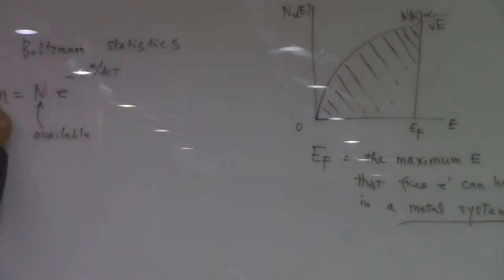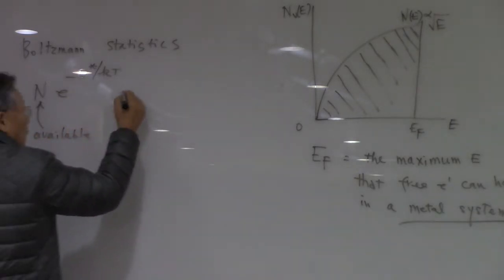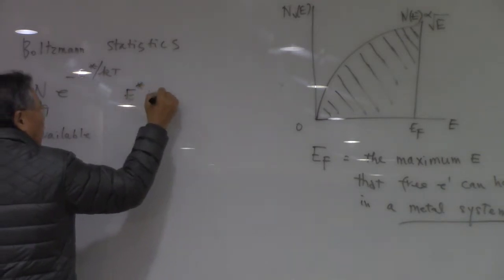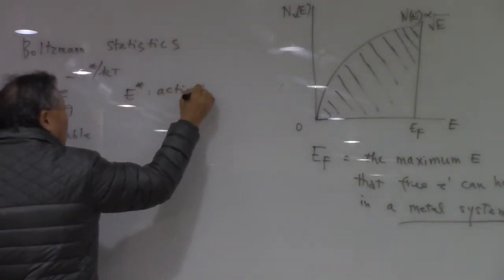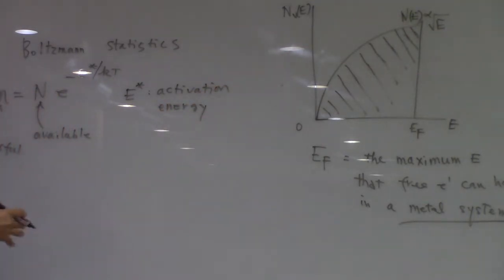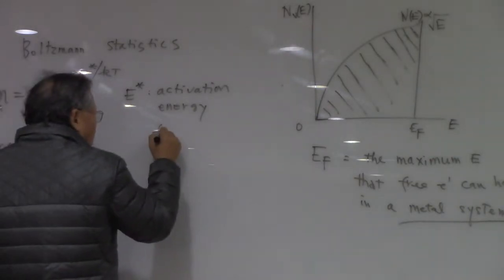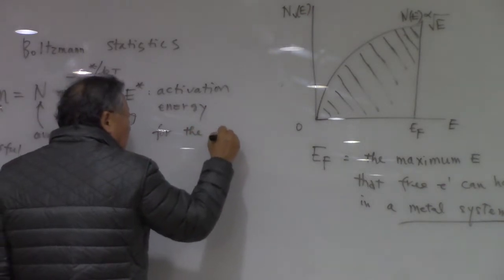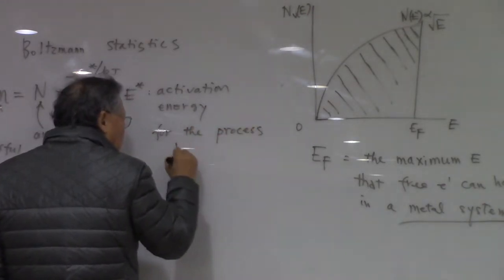And this N is actually the successful number which overcomes the activation energy E star. And E star is the activation energy for that process to happen.